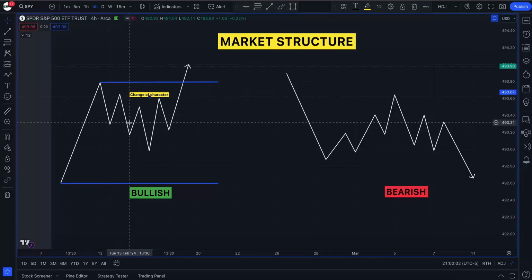So a lot of traders, they'll wait until an external high is broken either to the upside or to the downside, and then they'll take a position. So you can take a position here as long as you understand pullbacks and when to enter a trade. So if this is happening, you never want to buy puts here. You always want to wait for a pullback if you're going to buy puts.